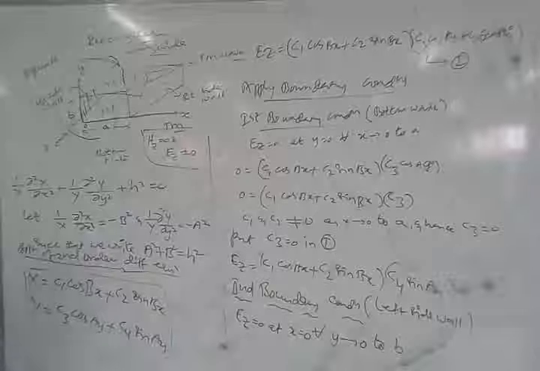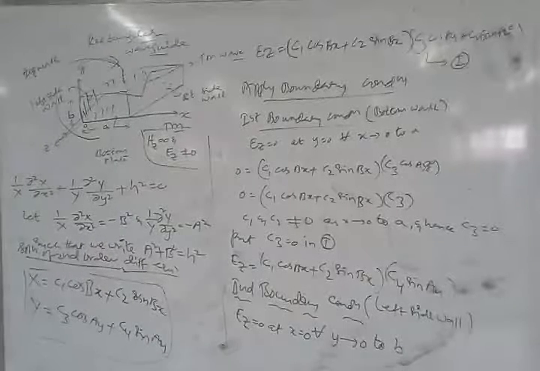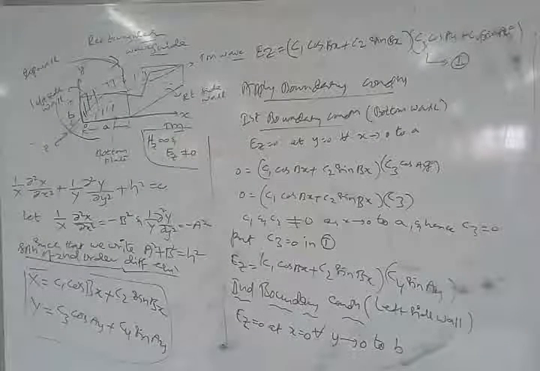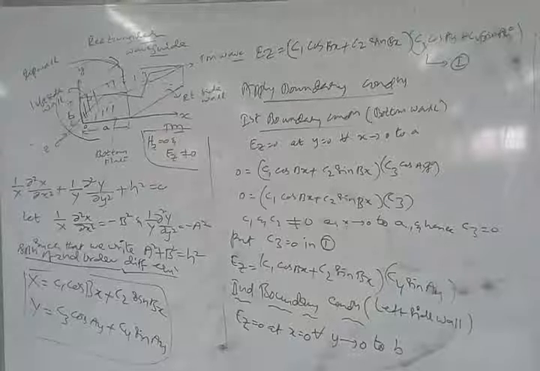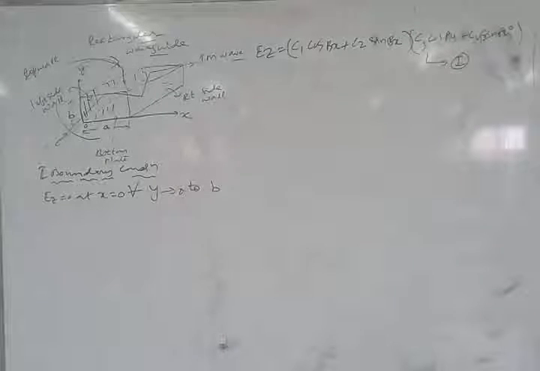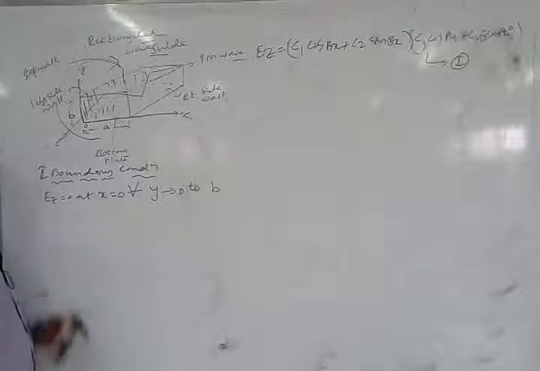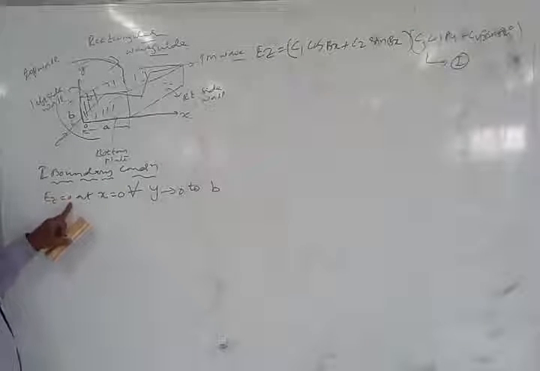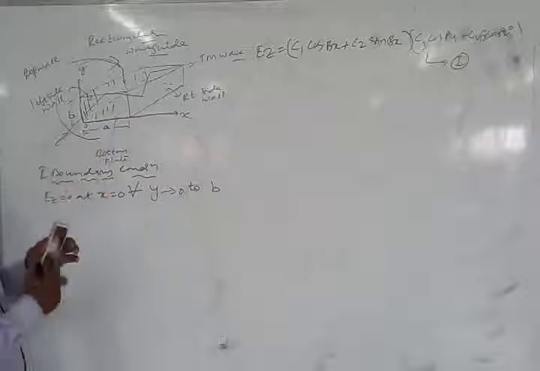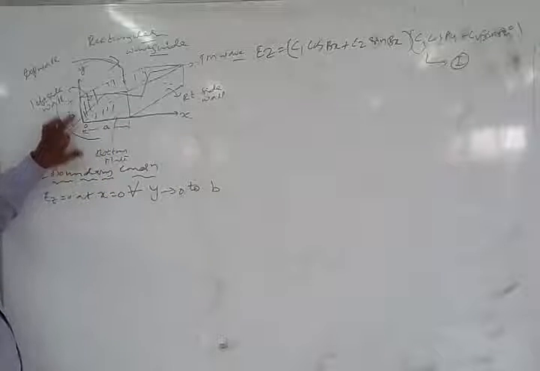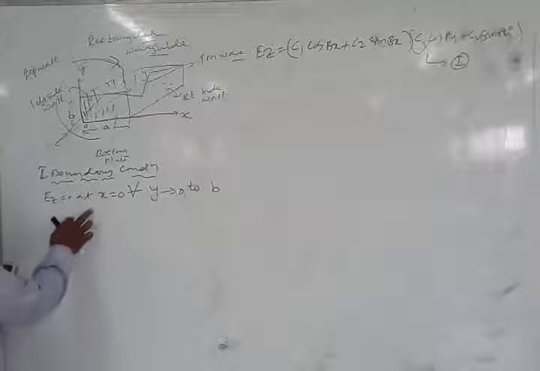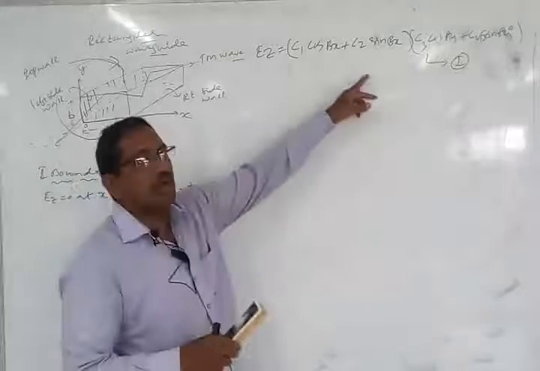Let us solve this by substituting the above boundary conditions and the C3 value. Now we proceed with the second boundary condition, where Ez becomes equal to 0 at x equal to 0 for all y varying from 0 to b. Let us substitute this in equation number 1.